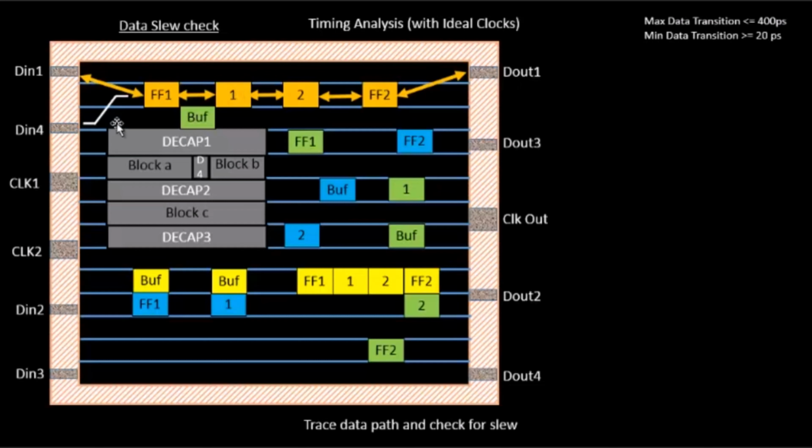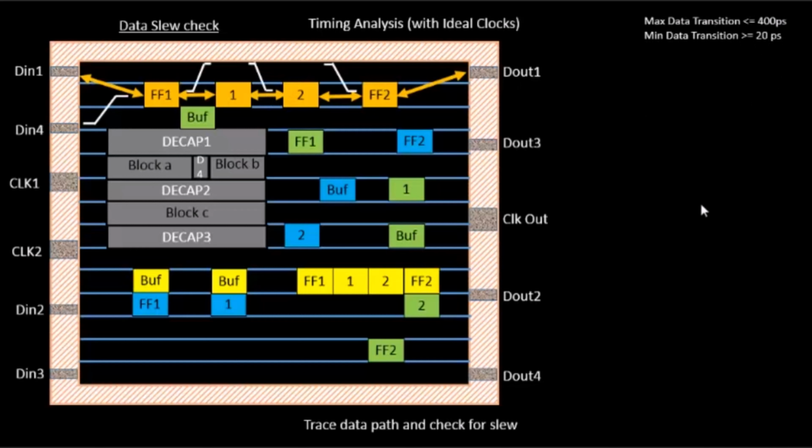Similarly, we trace the logic: we send this signal to the next logic level, see what the transition value is, and check whether it lies in this range. We forward this slew value and check whether the new slew value lies in this range, and so on.